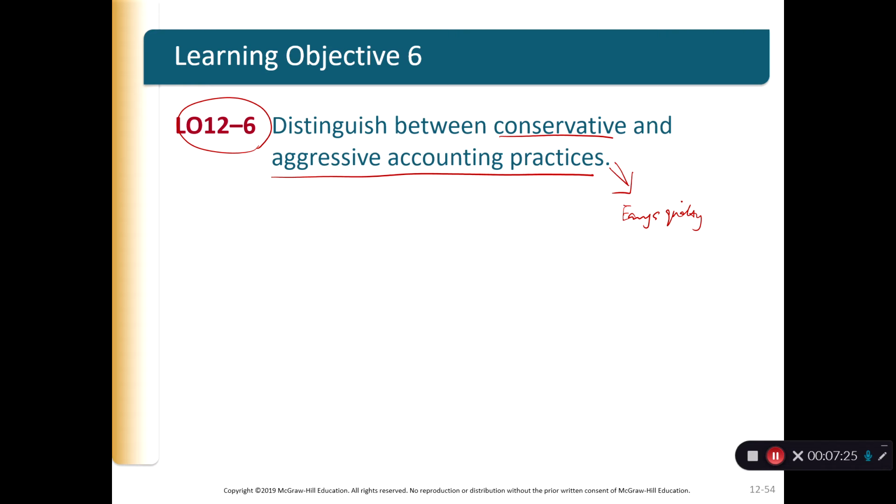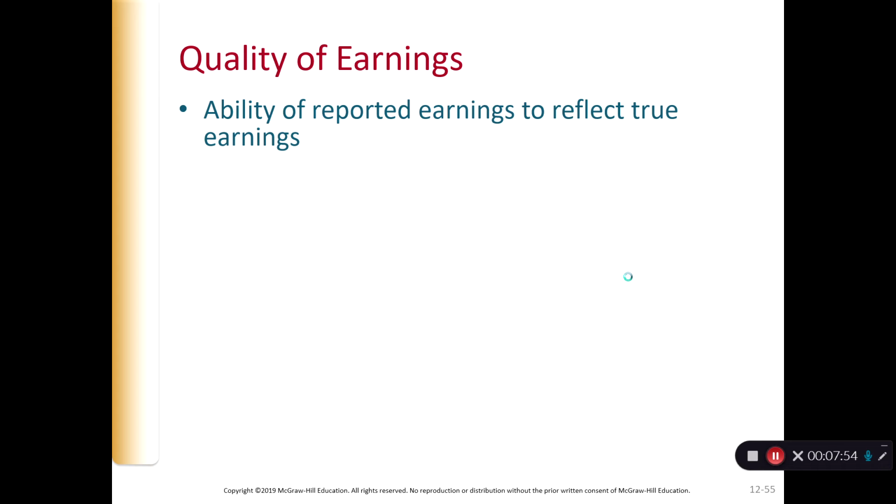I spent my doctoral study reading a lot of seminal papers about how to judge companies' aggressiveness and conservativeness, and how to evaluate whether the earnings a company reports as net income are actually high quality income or low quality income. And now you are probably questioning, what do you mean quality? How come earning has quality? Okay, here you go. Let's look together.